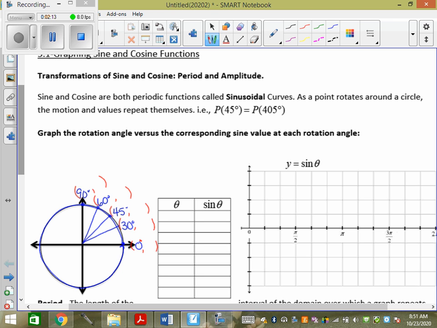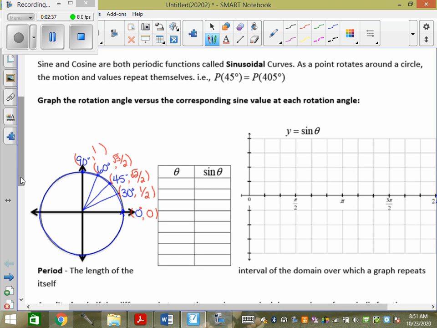So at 0, what's sine? 0. At 30, what's sine? 1/2, right? At 45, it's √2/2. At 60, it's √3/2. At 90, it's 1, right?